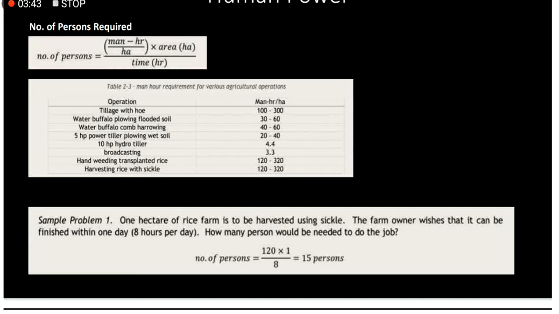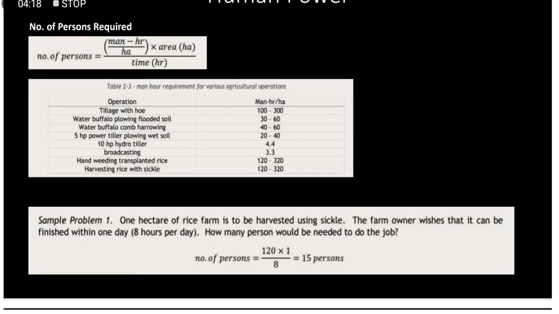By the way, when we are talking about work, when we say 1 day, it is only equivalent to 8 hours per day. That is the working hours. Do not use 24 hours as equivalent to 1 day when we are talking about working hours.